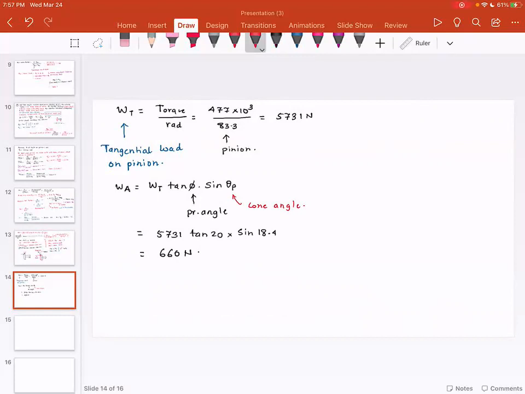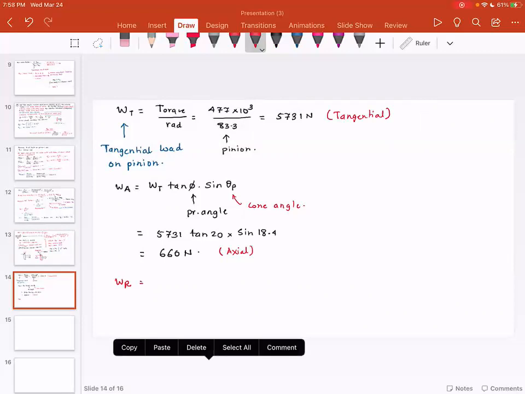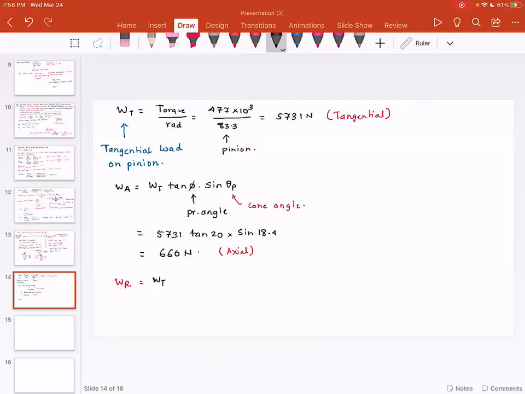I need to find out the radial force. So this is the axial, this is tangential. And to find radial load, WR is equal to WT tan phi, and instead of sine, I would use cosine theta p.